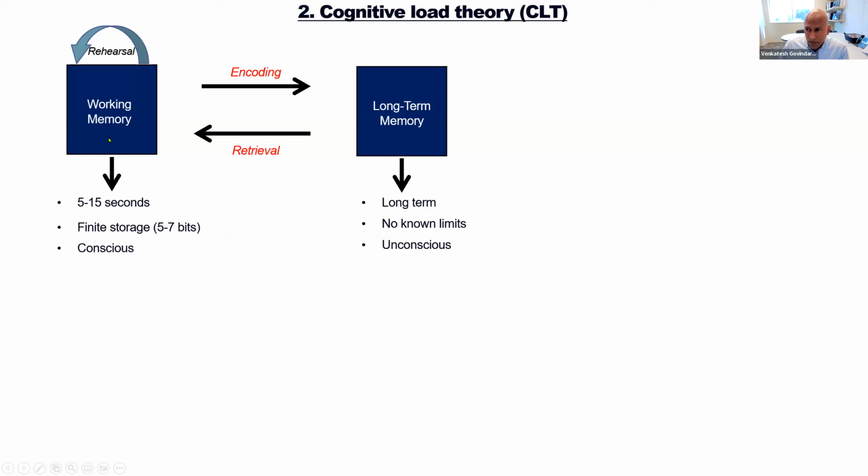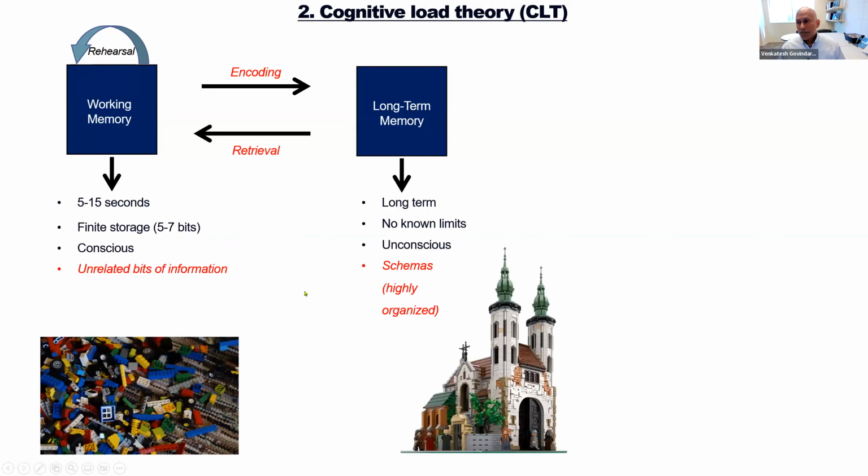For the most part, we're only conscious of what goes on in working memory. Most of what goes on in long-term memory, we're completely unconscious of. And this is by far the most important difference between the two. So information in working memory is largely disorganized, and we're talking about unrelated bits of information. Whereas in long-term memory, information is highly organized, and the term psychologists use is schemas.